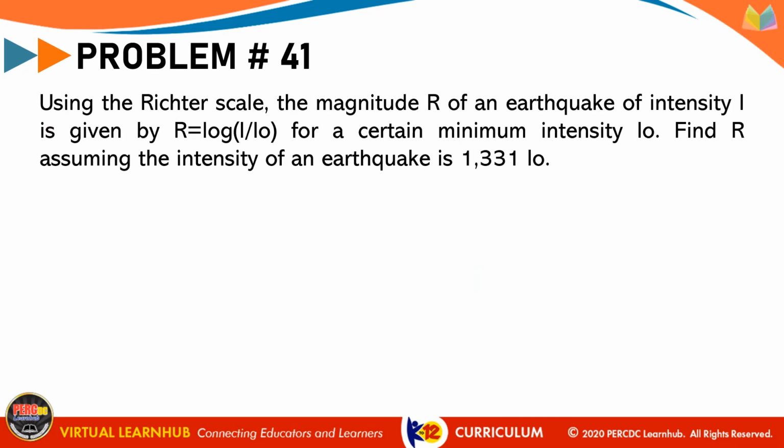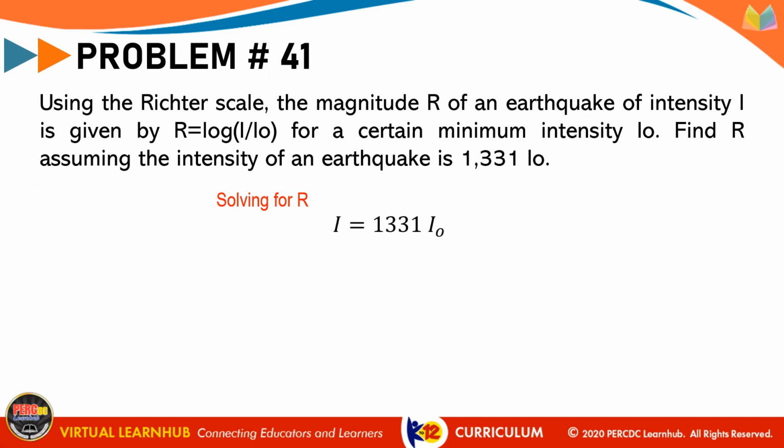Problem number 41. Using the Richter scale, the magnitude R of an earthquake of intensity I is given by R equals log of I over I sub O for certain minimum intensity I sub O. Find R assuming the intensity of an earthquake is 1,331 I sub O. So since we are solving for R, we will just substitute our values.